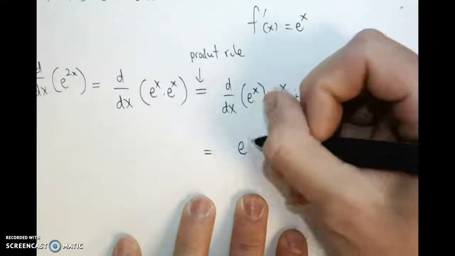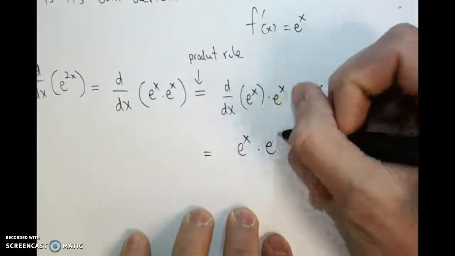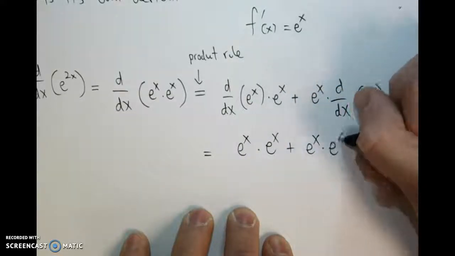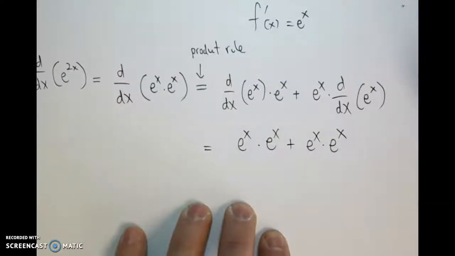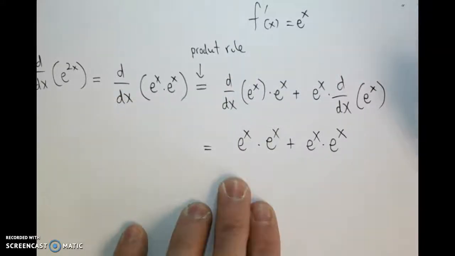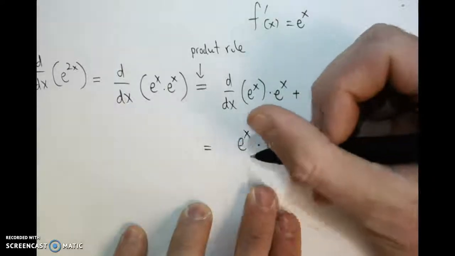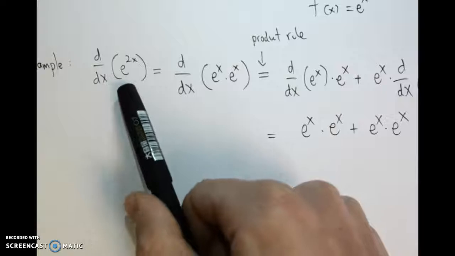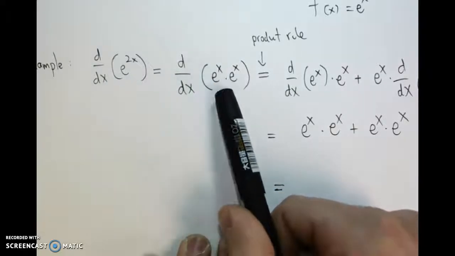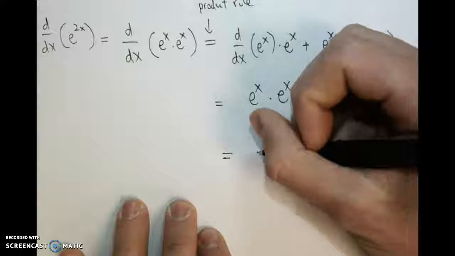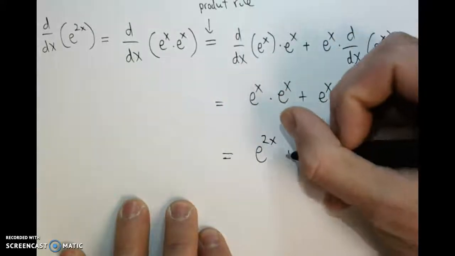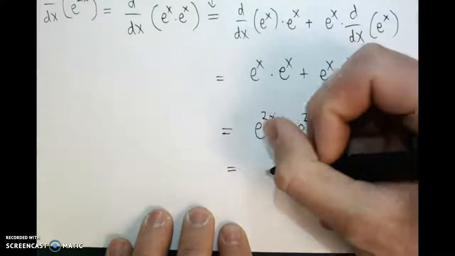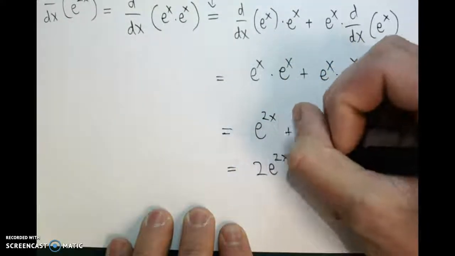So we're just getting e to the x times e to the x plus e to the x times e to the x. Now at this point I could simplify it. First of all, I could write this thing as e to the 2x. Like here we went backwards, we wrote e to the 2x like that. I could also write this as e to the 2x. So I have e to the 2x plus e to the 2x, and this is equal to 2e to the 2x.